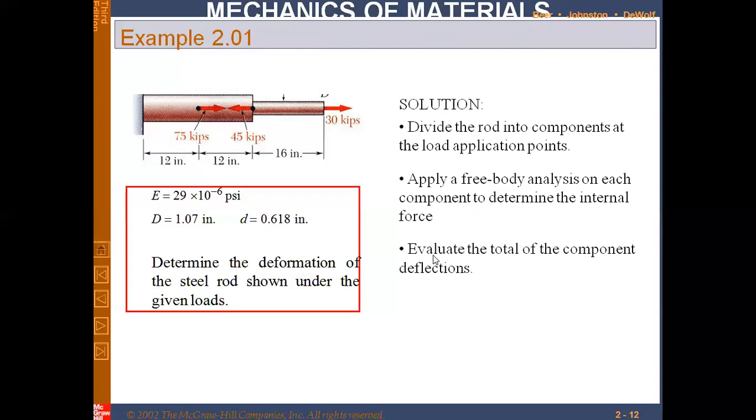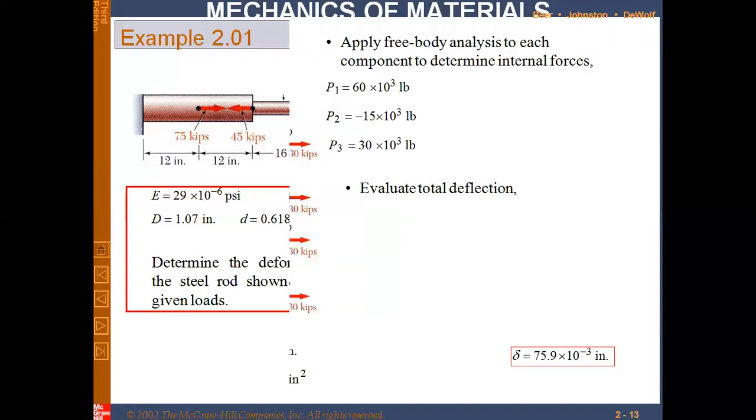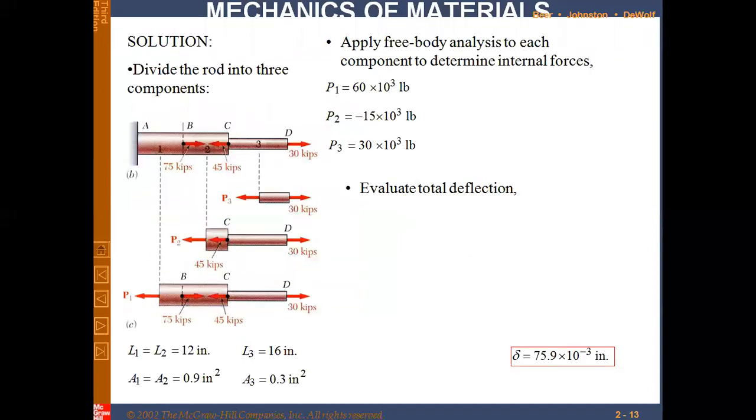And at the end, we have to evaluate the total deformation or deflection in each segment of the rod. So let's start the problem. We have to take sections, and with sections and then free body diagrams, we have to solve this problem.